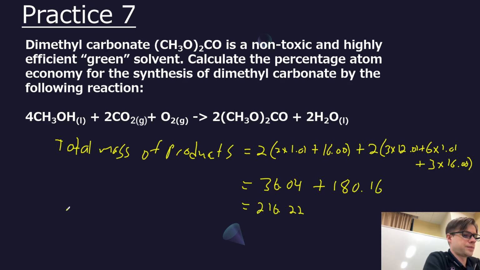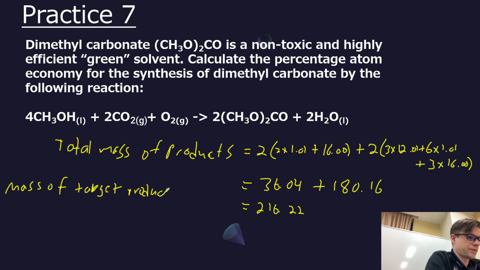Now, mass of target products, which is dimethyl carbonate, is what's on the far right side of the previous equation, so that was 180.16. That's why I chose to find the mass of all products. So I can take a little shortcut there.